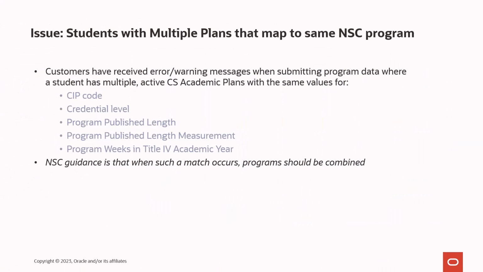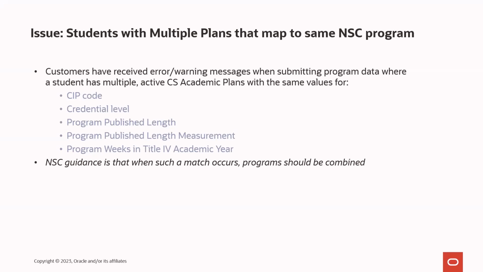This next issue has been reported where customers have multiple CS plans mapping to the same NSC program. The consolidated statistics process uses academic plan table attributes to identify if a plan should be reported as an NSC program. NSC credential is derived using the financial aid credential cross-reference feature. When a plan is identified as an NSC program, the plan zip code is used as the identifier for that program.